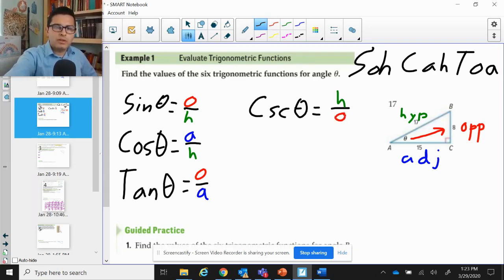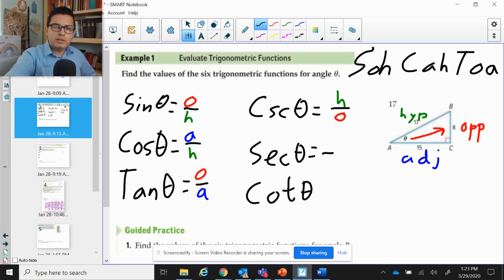Now we have our secant of theta, and we also have our cotangent of theta. And we're going to fill all of these in. First, our secant is the reciprocal of cosine, so that's going to be our hypotenuse over our adjacent, and our cotangent is going to be the reciprocal of our tangent, so that's going to be adjacent over our opposite.